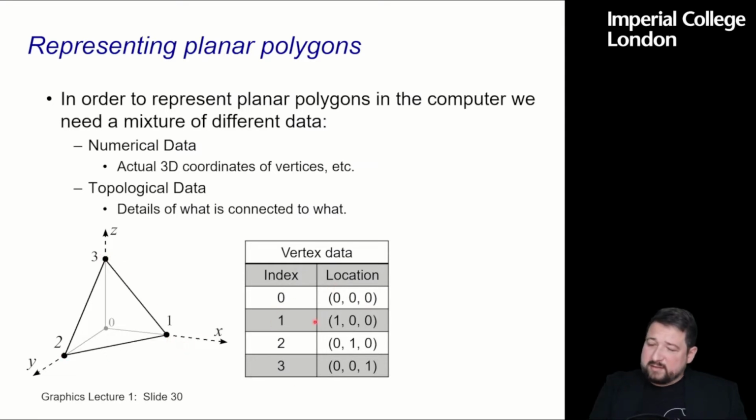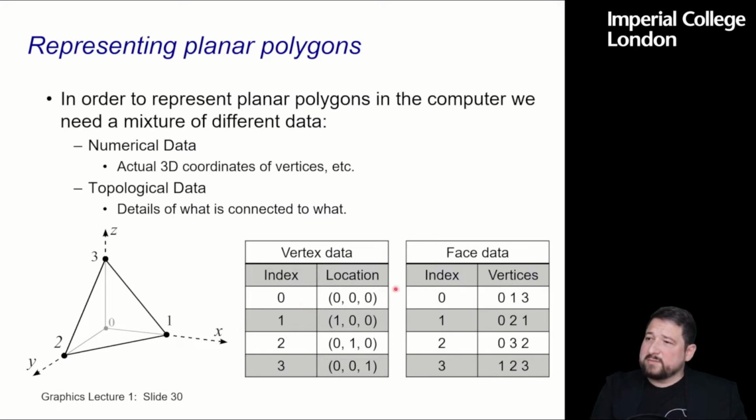And the important part is that you store an index with these coordinates, because you also store the connectivity data, so the face data. So the index 0 here is connected from 0 to 1 and to 3. 1 is at location 1, 0, 0, and it's connected to 0, 2.